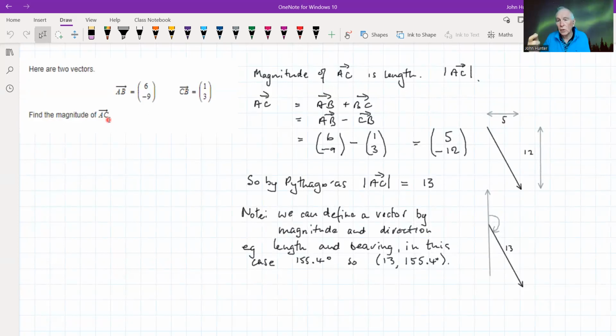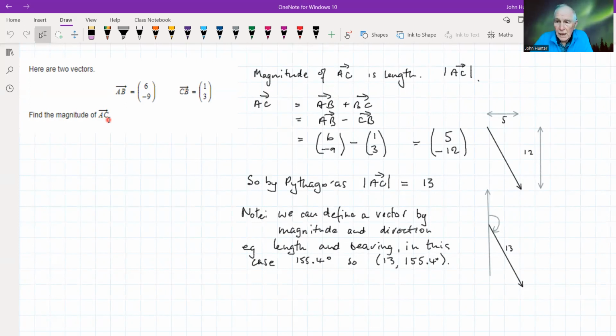It could be anticlockwise from the horizontal, or a bearing, which is clockwise from due north, or any other system we set up. That would be a way of describing a vector value.